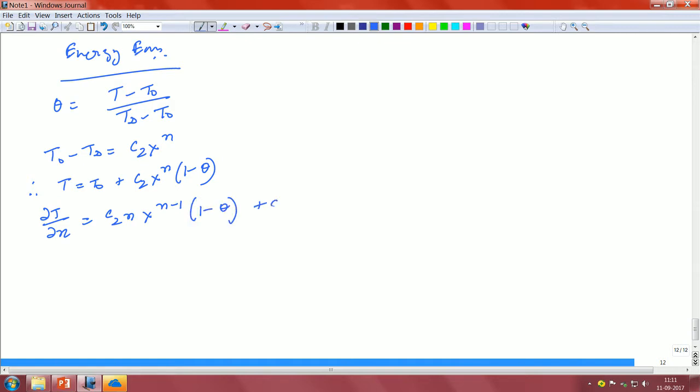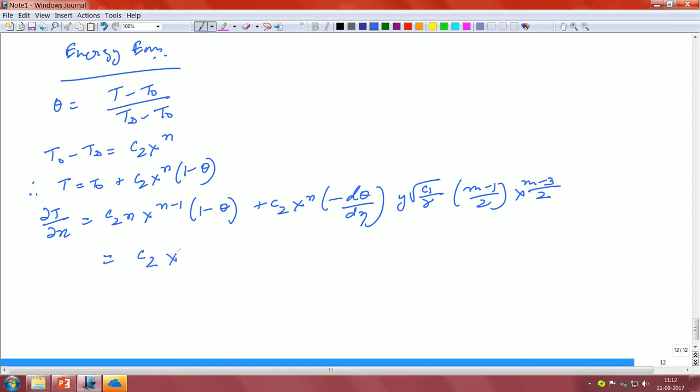into 1 minus theta, plus C2 x to the power of n minus d theta by d eta into y C1 by gamma times m minus 1 by 2 x to the power of m minus 3 by 2. So, it becomes equal to C2 x to the power of n minus 1 into n into 1 minus theta, eta, m minus 1 by 2.